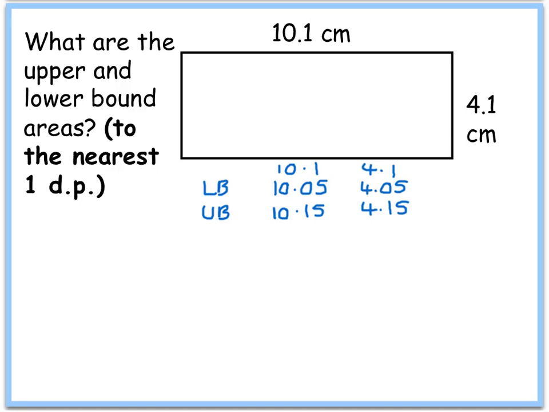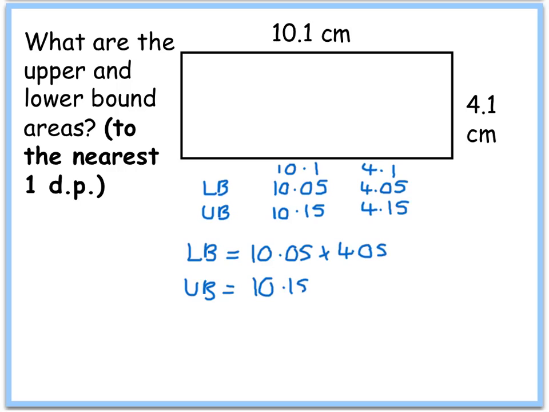So how do I work out the upper and lower bound areas? Well, the lowest I could possibly get would be by multiplying the two smallest numbers together, the two lowest bounds multiplied together. So that would be 10.05 times 4.05. And the upper bound, you should be able to spot, is just going to be the two biggest numbers multiplied together.